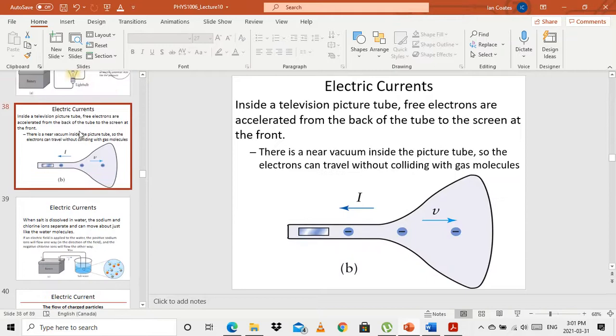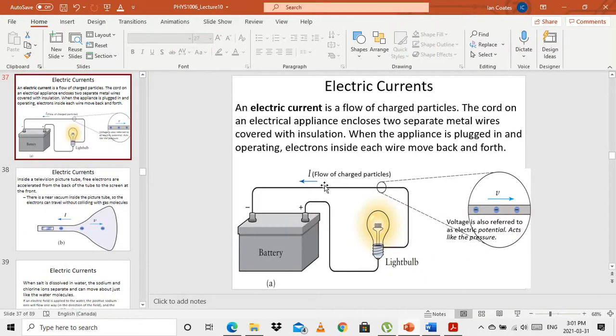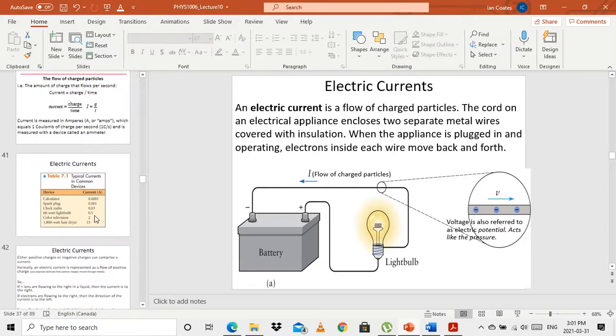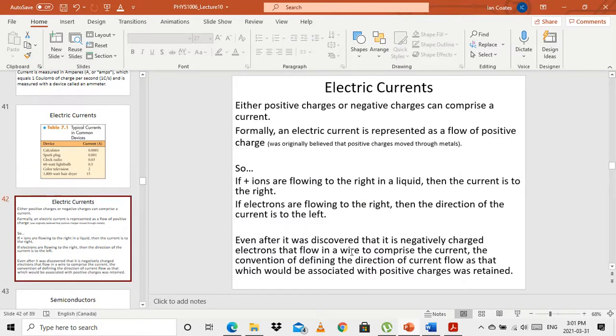Originally, it was thought that the protons were flowing, so that's why the arrow was going this way. But really you need to know that the electrons are flowing this way. That's what we're looking for, the current. The current is always written backwards. That's basically all that slide says.